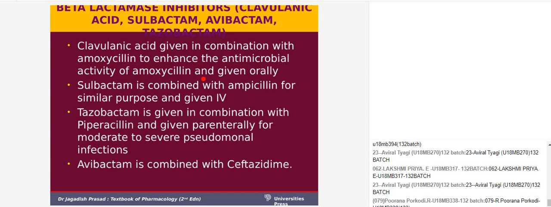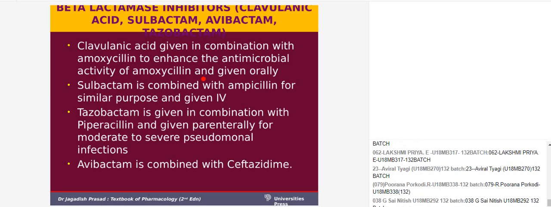Then tazobactam and piperacillin are mainly available as IV preparations, and they are used in severe infections caused by beta-lactamase producing strains like gram-negative bacilli. So all these are used in mixed infections. So the example of a suicidal inhibitor is clavulanic acid.